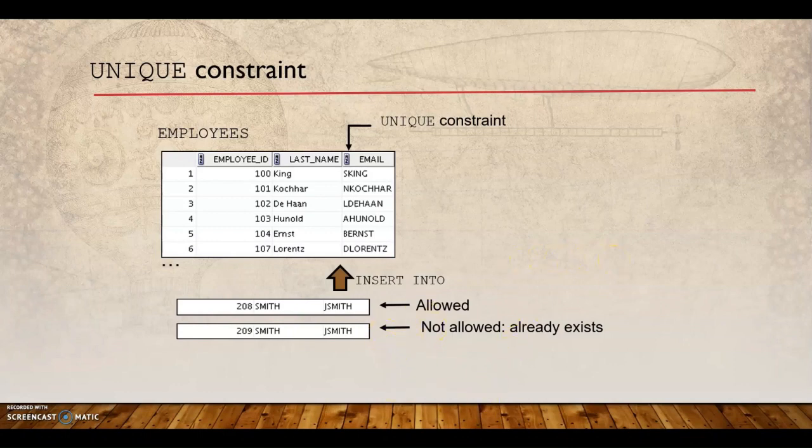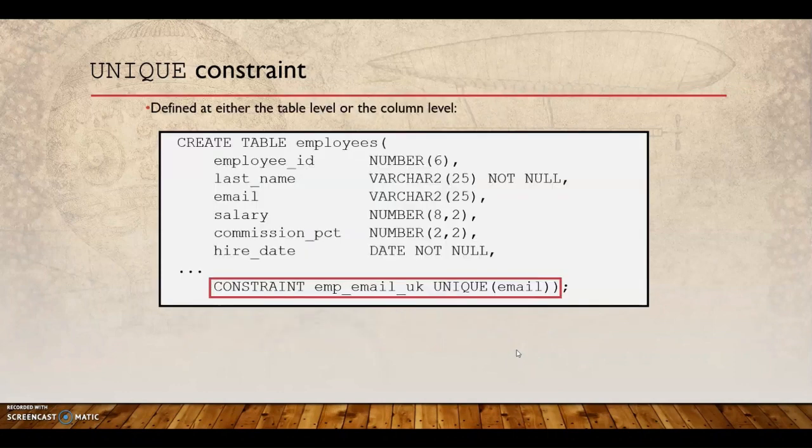Here, if you see, J Smith is allowed, and again if you try to insert another one with J Smith, it's not allowed because it already exists. Uniqueness is not there, so it is not allowed. So the email ID of an employee needs to be unique. You can't have two employee IDs with the same email ID. So that needs to be unique.